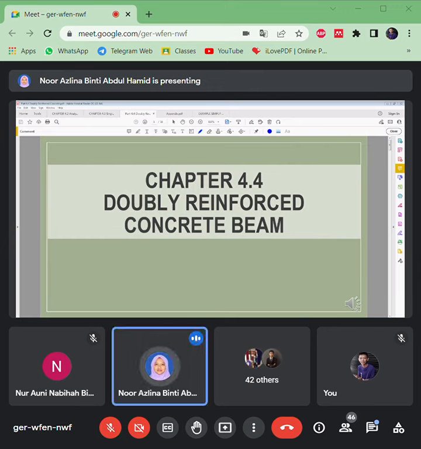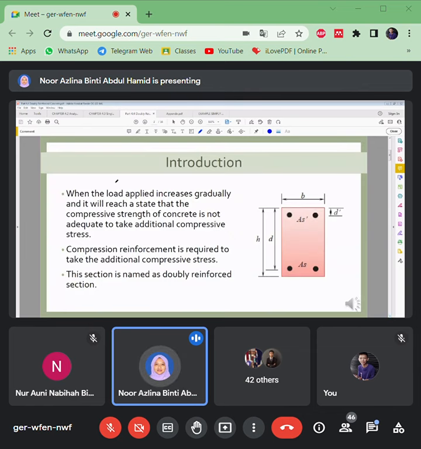Okay, I continue with the new slide on doubly reinforced concrete beams. Once we provide the compression reinforcement, D here is the effective depth from the concrete surface to the centroid of AS, the centroid of tension reinforcement.